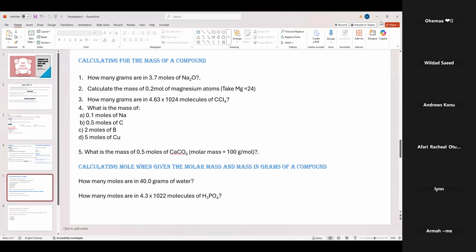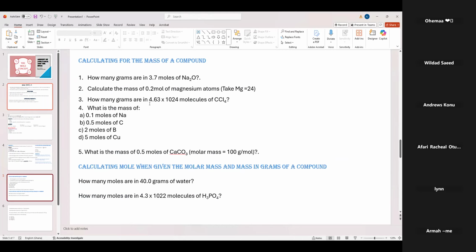Okay. So now let's calculate the mass of the compound if we know the mole and we know the compound. Do you think we can do this?